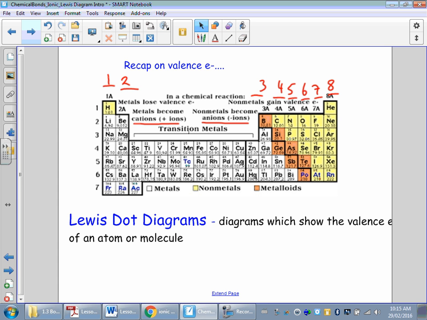The ones on the far right are nonmetals, the noble gases, and they have a full outer shell, which brings a level of stability that all elements crave. How do we show these valence electrons in an easy manner? We use something called Lewis dot diagrams, which show just the valence electrons, and we'll use them to show the process of ionic bonding.